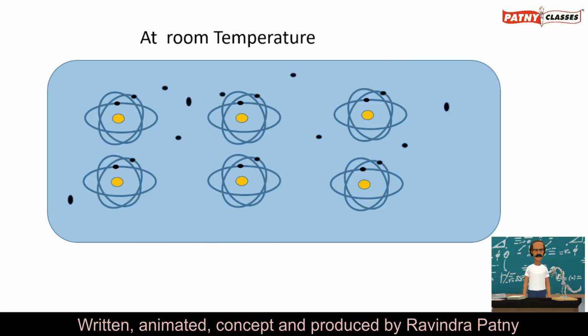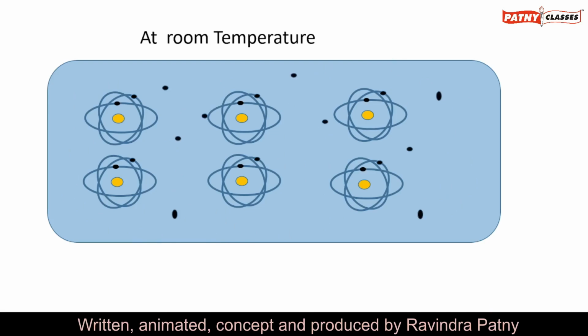But these electrons cannot escape out of the metal surface, because the energy obtained from the surrounding is not sufficient to escape. This animation shows the random motion of free electrons inside the metal crystal due to thermal agitation.